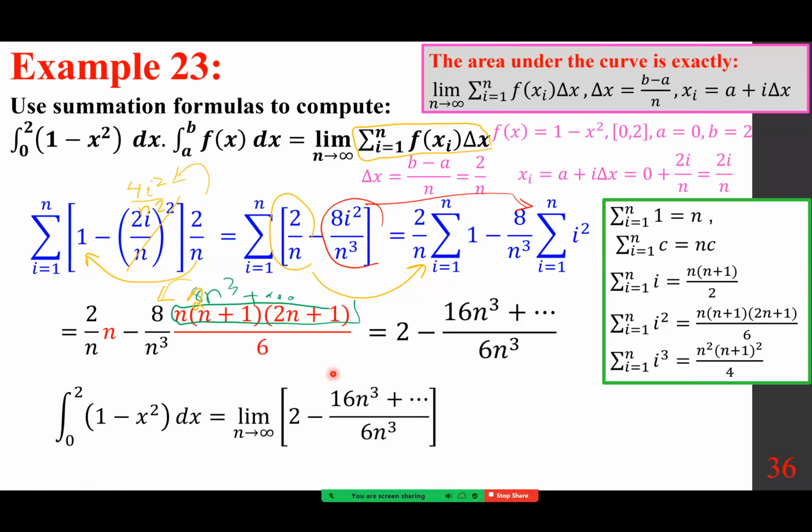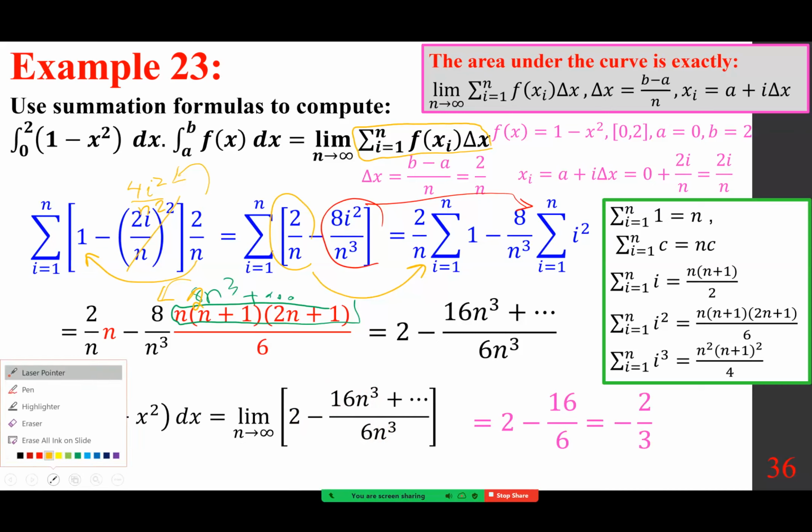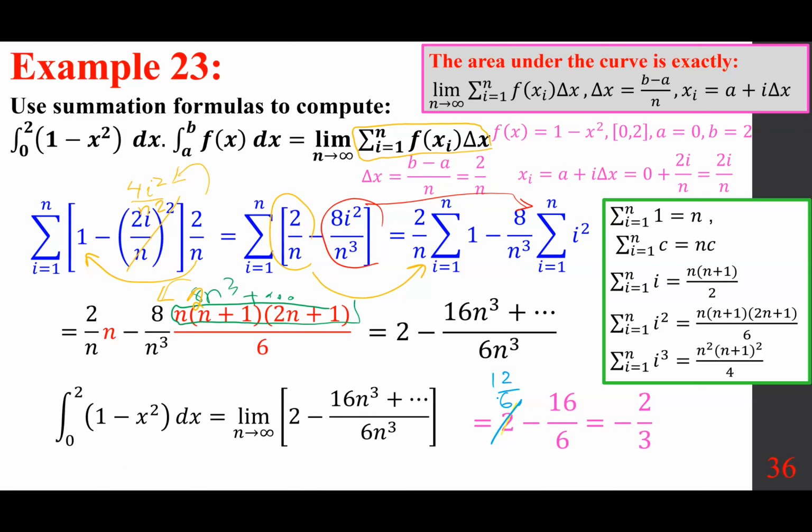So 2 minus 16 over 6, and that is negative 2/3, because 12 over 6 minus 16 over 6 is negative 4 over 6, which is negative 2/3.